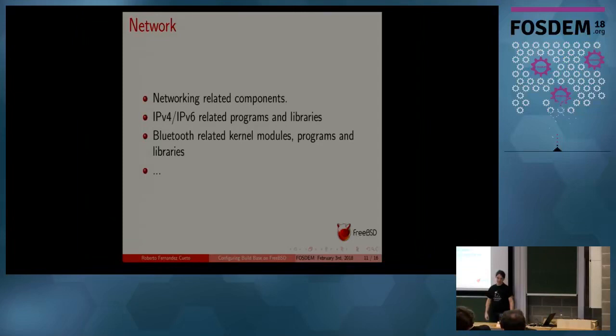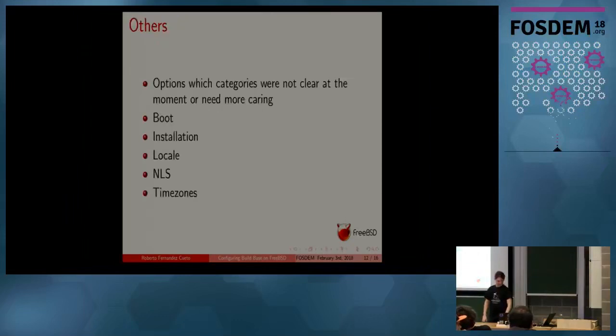Bluetooth related kernel modules, programs, libraries, and a bunch more networking stuff that, well, I will show you afterwards how each category looks like, because we are very generous with time.